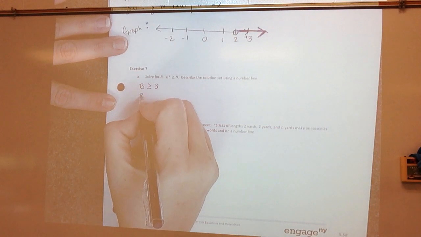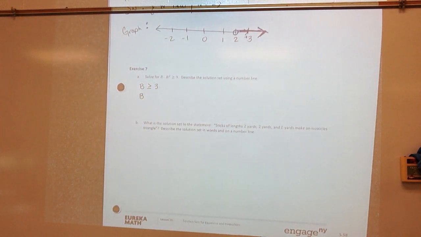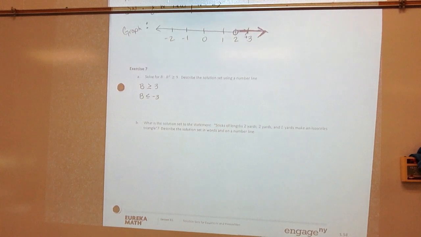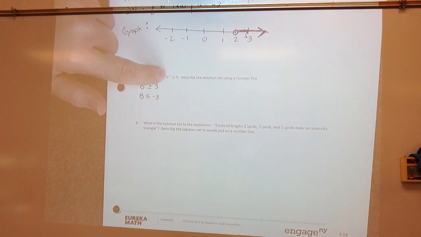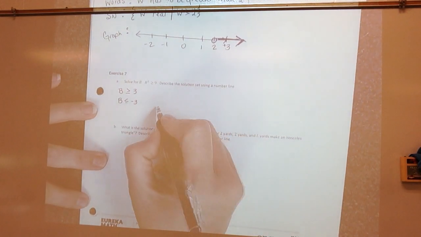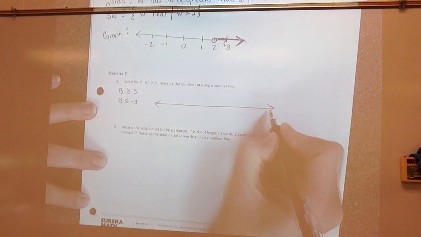So b would have to be less than or equal to negative 3. Why would it have to be less than negative 3? Well, if I put negative 1 in there, negative 1 times negative 1 is 1. Is 1 greater than or equal to 9? No, it is not.